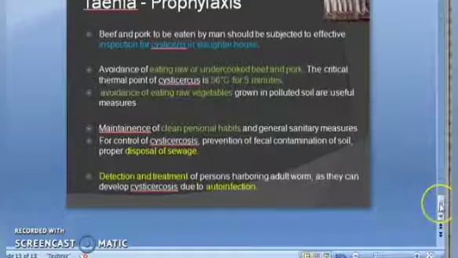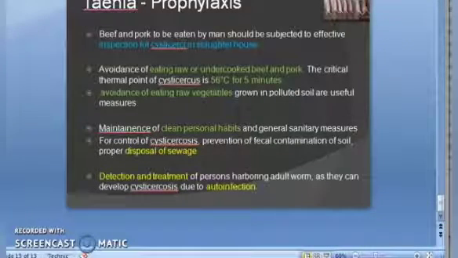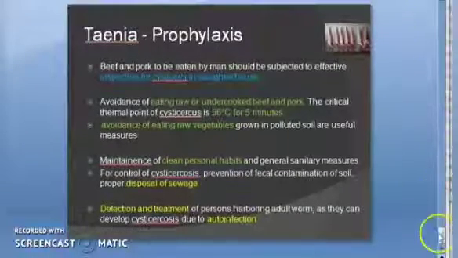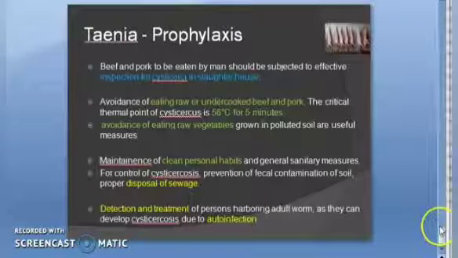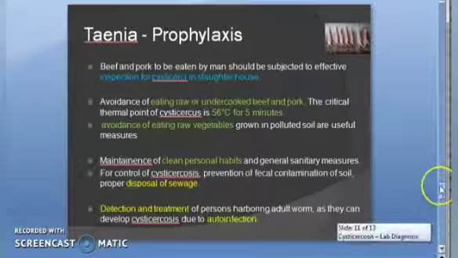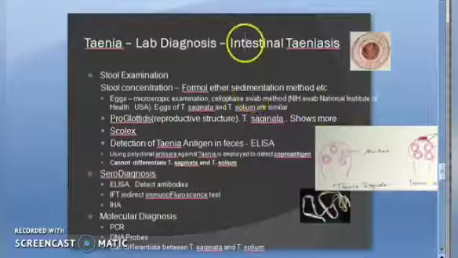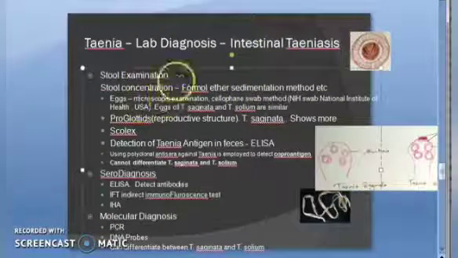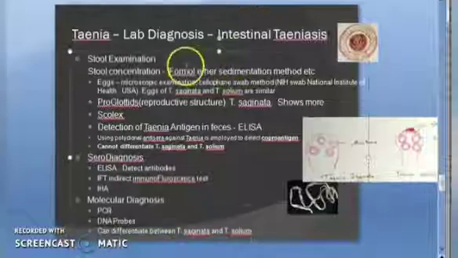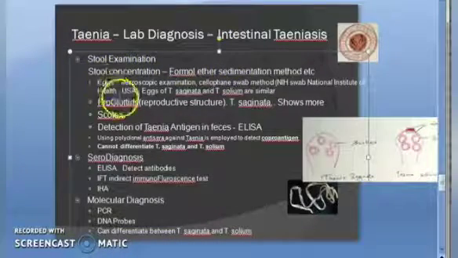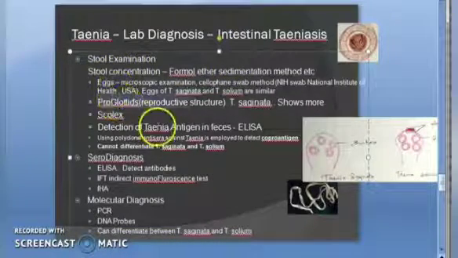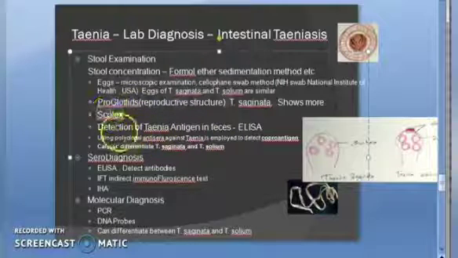Hope you enjoyed everything. Now let us move on to a complete review of what we have seen so far in this video. We started off with the lab diagnosis of intestinal taeniasis, stool examination. First you will concentrate the stool, then look for the eggs, proglottids, and the scolex.